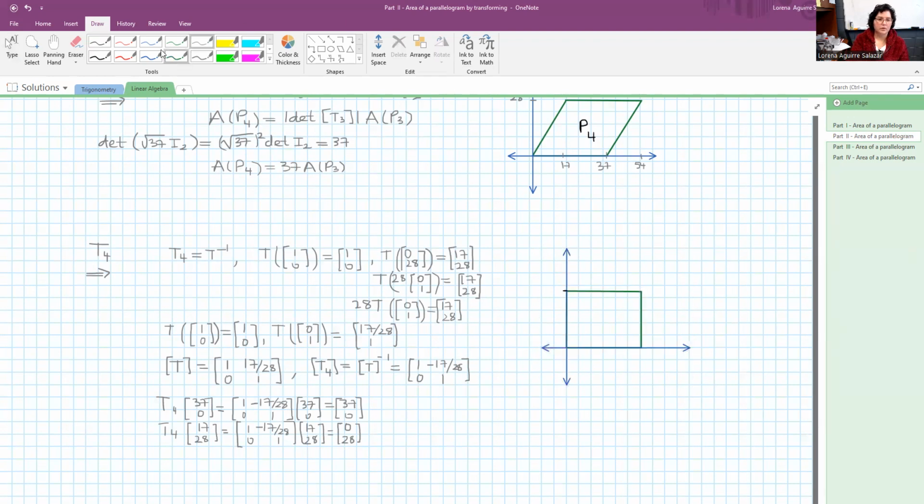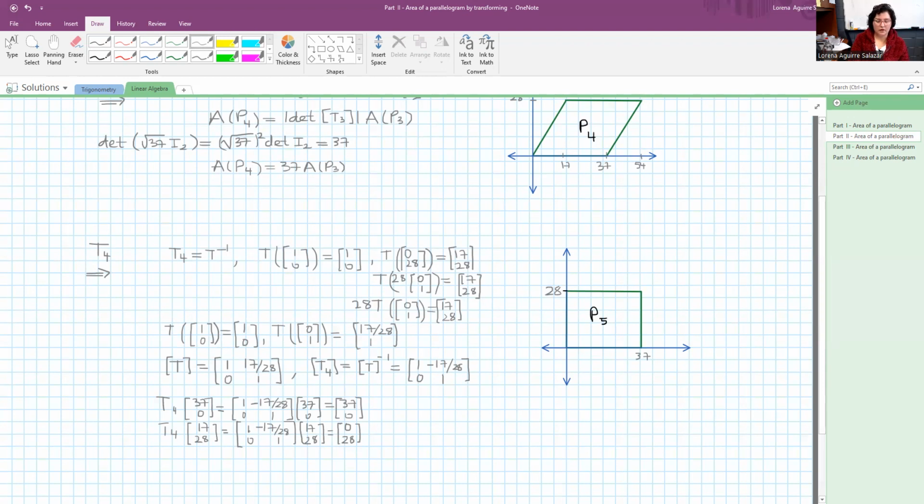Okay, so here we have parallelogram number 5. It's actually a rectangle. (37, 0) was transformed into (37, 0), so just 37 here and 0. And then here we have (0, 28).